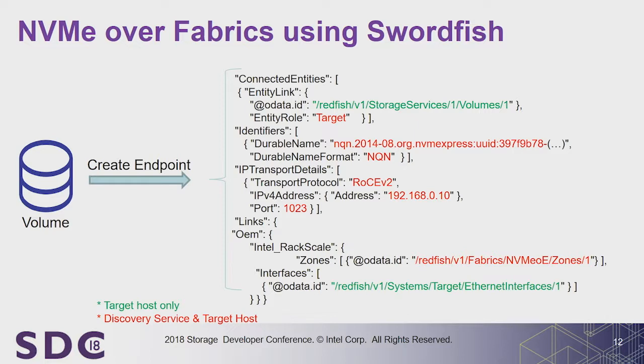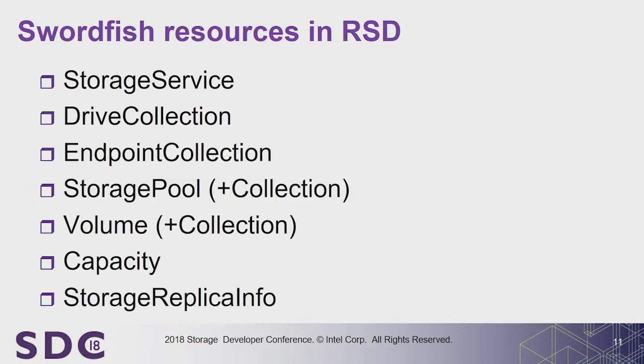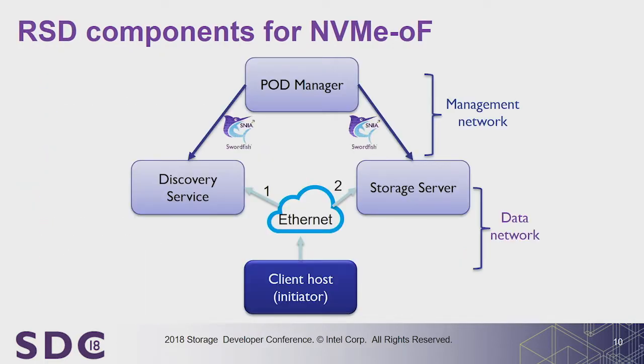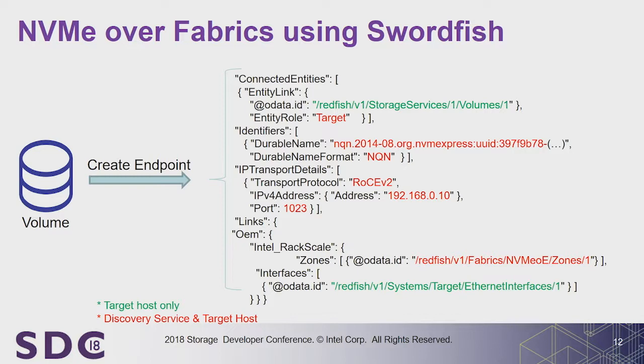Also, I created some color coding here. So the green properties are used for the host server. Maybe the host server is this storage server, and the discovery service is the entity that provides you information about the connections. Okay, so the red ones are shared for the discovery service and the target host.